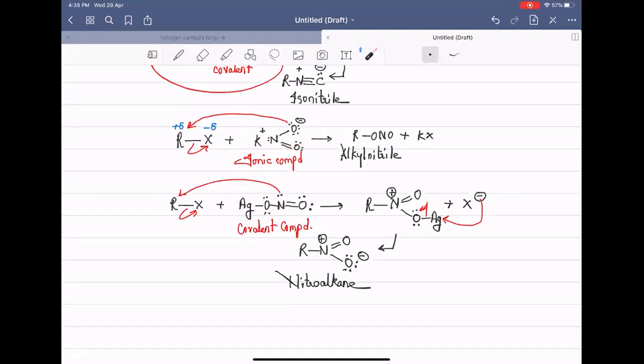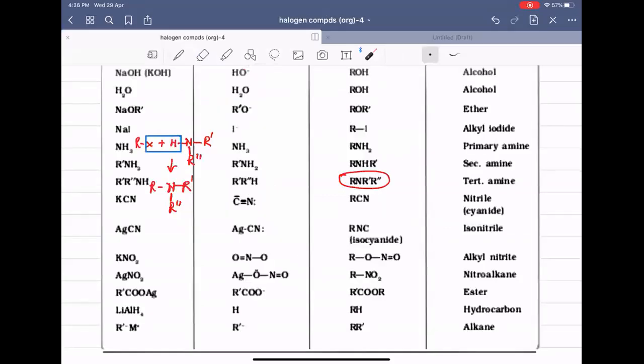These are two different sources of nucleophiles. As you can see, we've taken AgCN and KCN, and now we have KNO2 and AgNO2. In KNO2, the product is RONO, where oxygen connects, and in AgNO2, nitrogen connects. So this is something which you have to know.